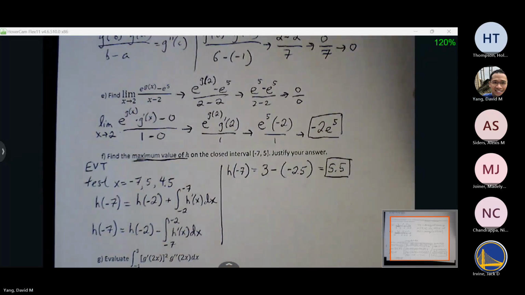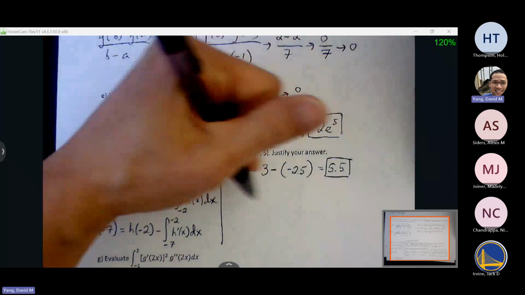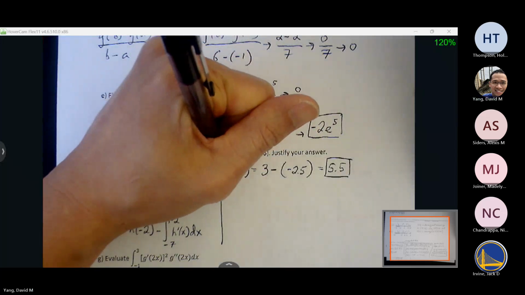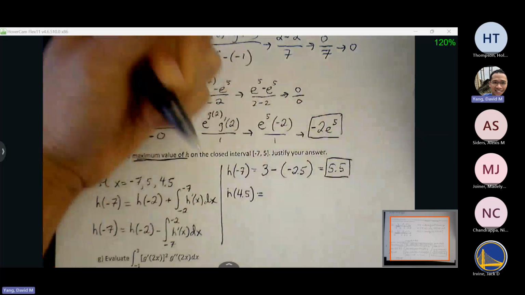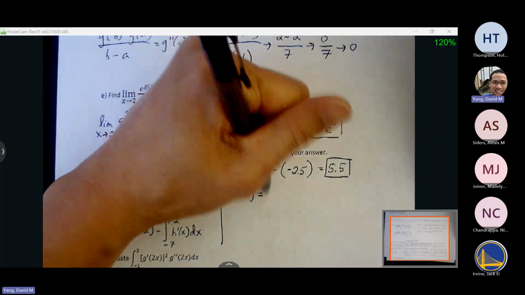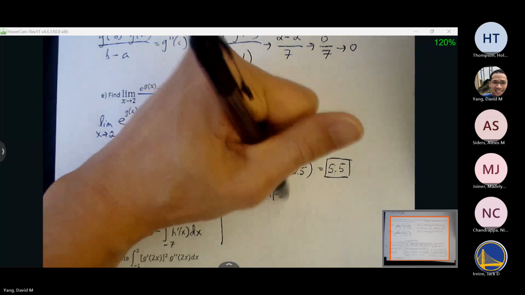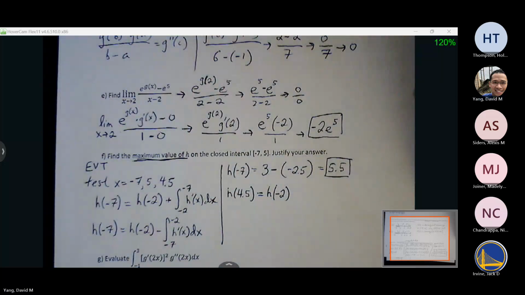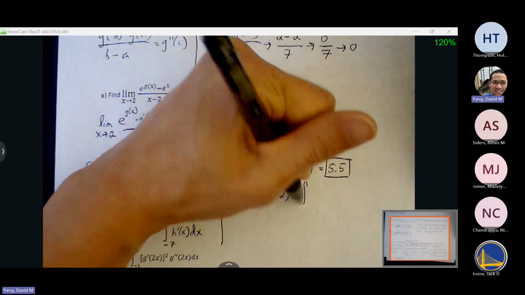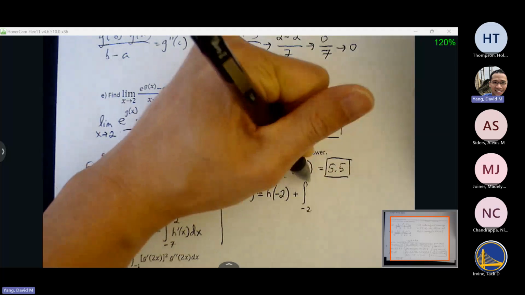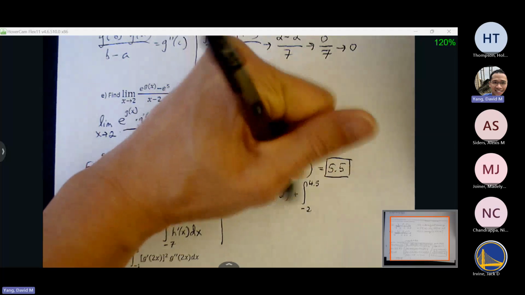All right, next up, h of 4.5. Again, go through the same process, build off of your starting point, your anchor point, plus the integral from -2 to 4.5. This one is already in order, so we don't have to flip the bounds.